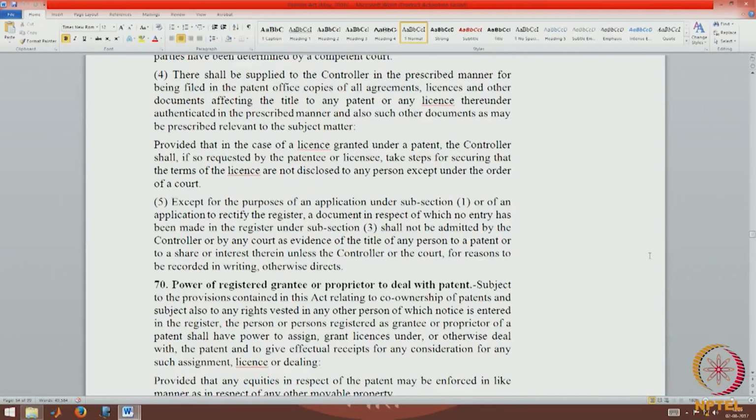To file an infringement suit, you either have to be the proprietor of the patent, the patentee, or you have to be an exclusive licensee.